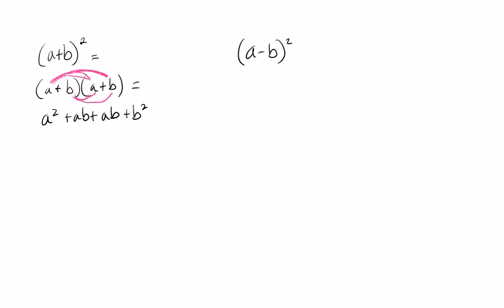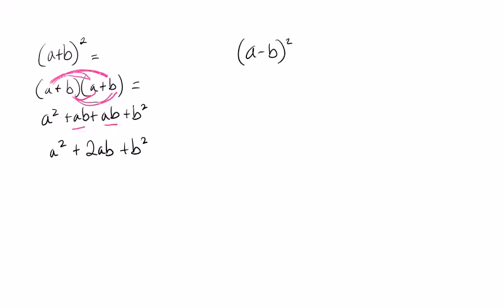outer, inner, last, right? And now we can combine like terms. So our ABs are like terms. So we get a squared, AB plus AB is 2AB, and then the b squared. All right, so that's what happens when we square a binomial. Notice that these middle two terms came out the same, right?